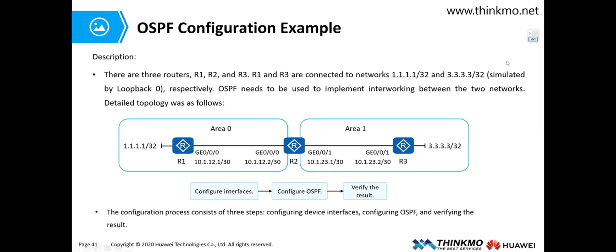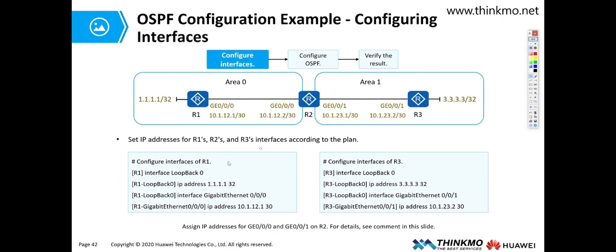Now, in this process, we need to configure the interfaces. For example, after entering the system view of R1, let's assume I have a network segment of 1.1.1.1/32 behind. So now I set the interface LoopBack 0 IP address to 1.1.1.1/32. Besides this, we also need to configure our physical interfaces.